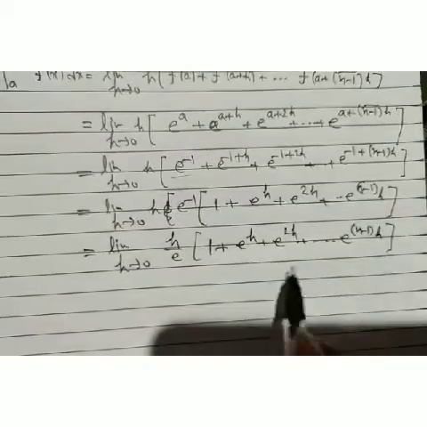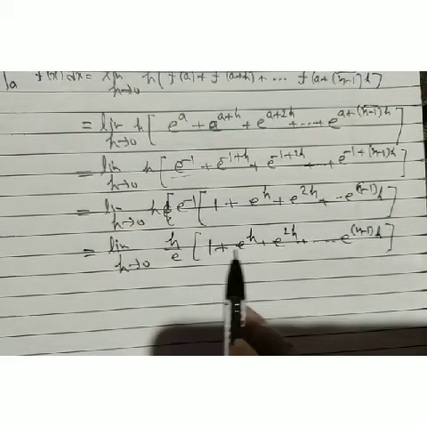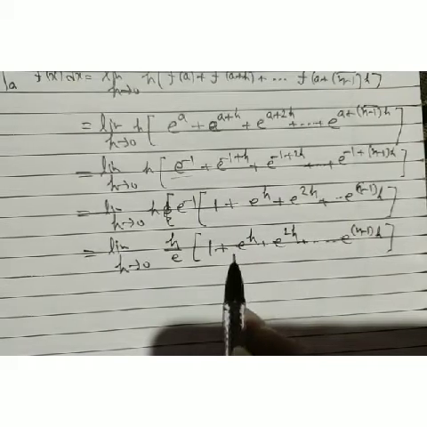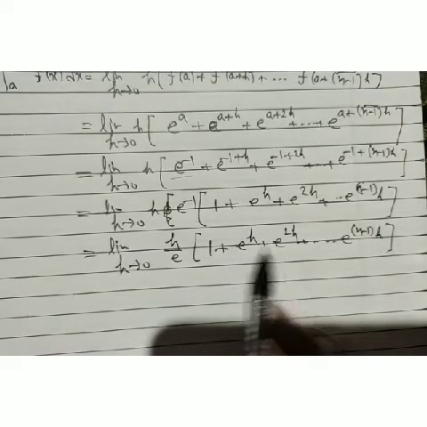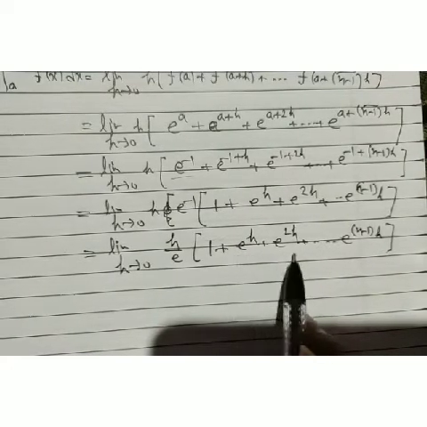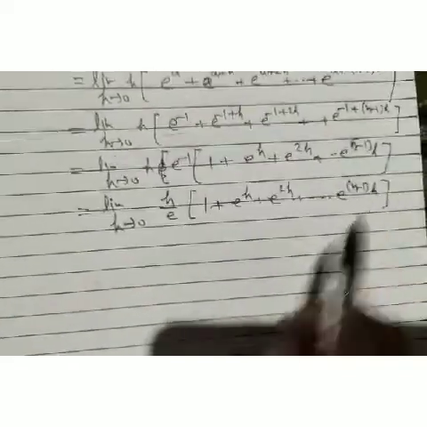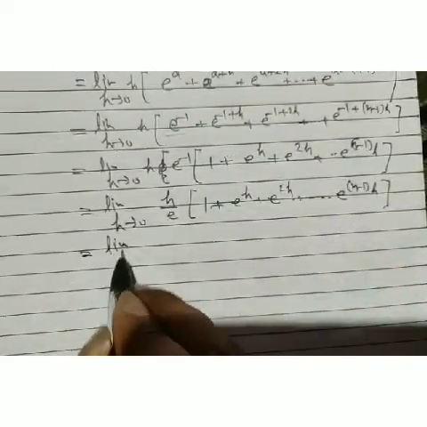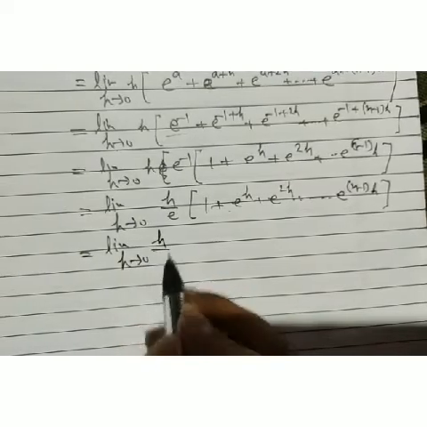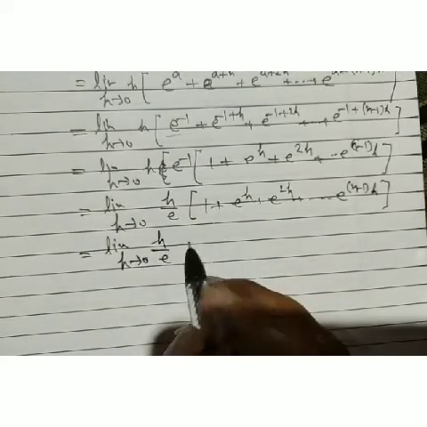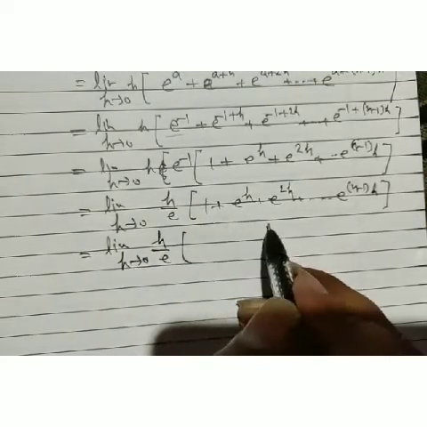Now look, this is a geometric progression. We can apply the sum formula for a geometric progression here. Now look, limit as h tends to 0 of h by e. We are going to find its sum.